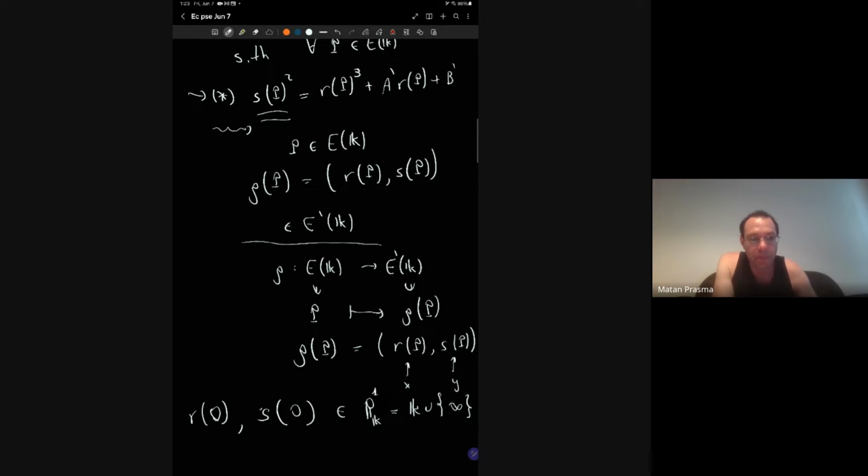So I interpret this equation star as follows: if R of O and S of O are simply elements in the field K, then the equation needs to be satisfied as it is, just an equation in K. And if one of R of O or S of O is infinity, then satisfying this equation means that the other one must be infinity.